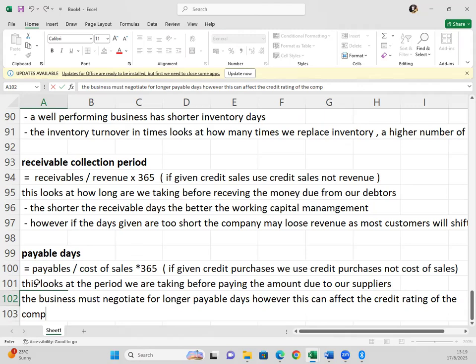If we always delay making payments, we might be flagged so that next time we are refused credit. But it's good, we should negotiate for longer days. After we negotiate for longer days, we delay paying people and use the money to start operating. But the challenge is that next time the company may be denied credit.